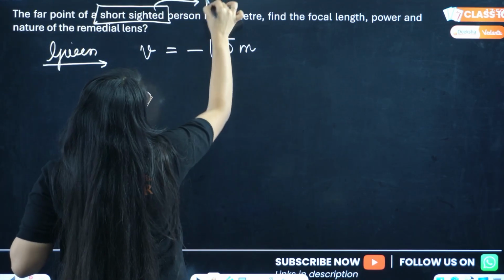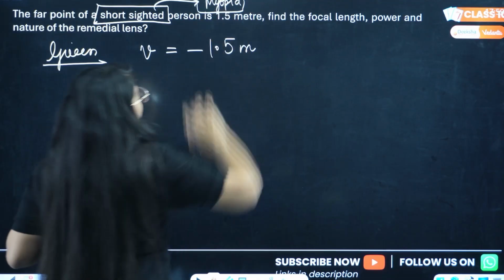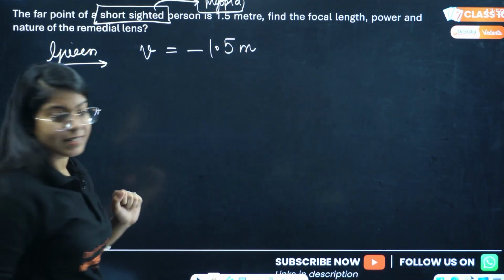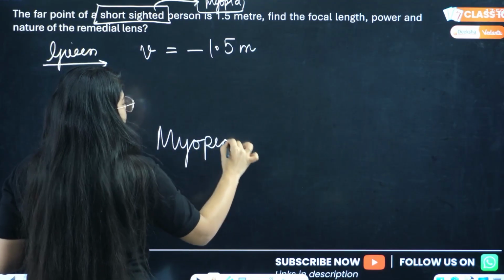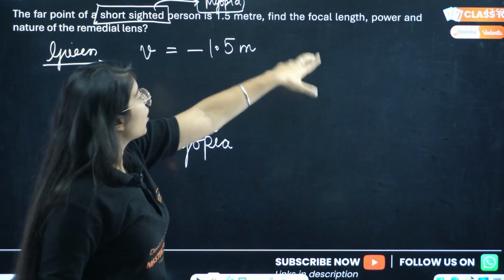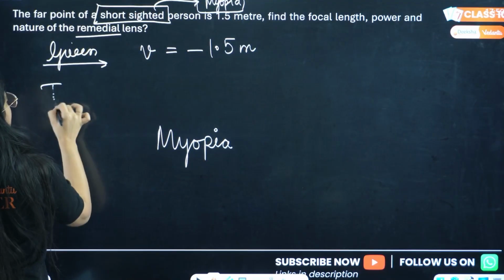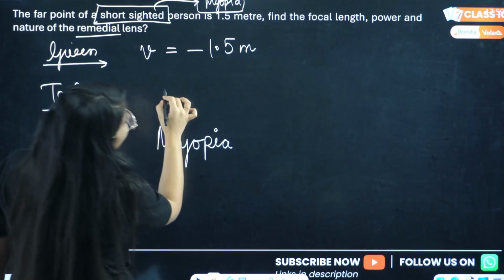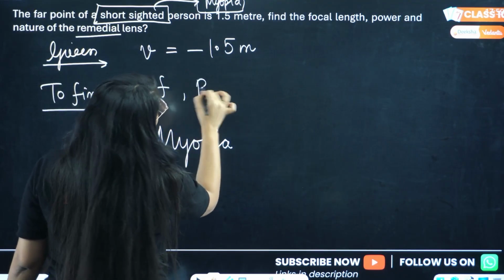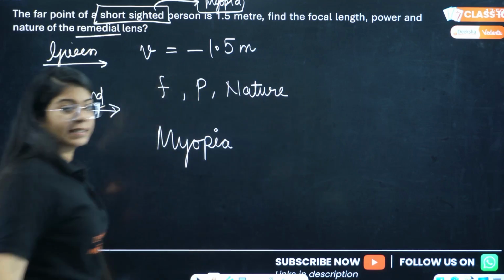Short-sighted person means he has myopia, because myopia means short-sightedness. Find the focal length, power and nature of the remedial lens. Remedial lens means the corrective lens.